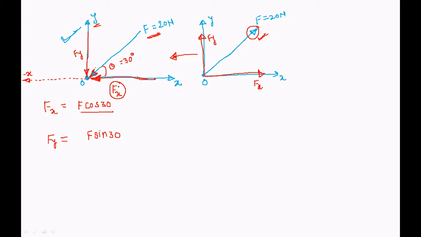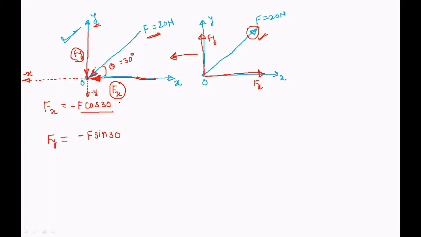So as Fx is directed towards the negative x-axis, the Fx component will be minus. Similarly, this Fy is directed towards the negative y direction. So this is your minus y-axis. So Fy will become negative.